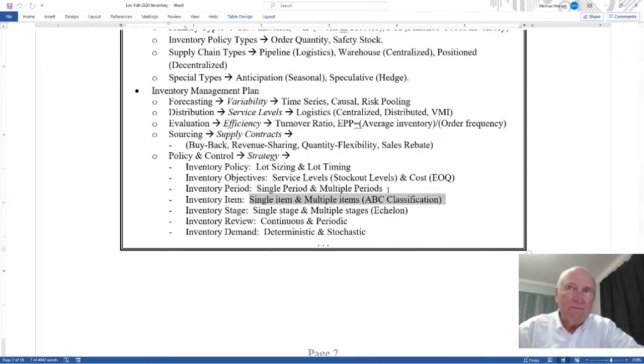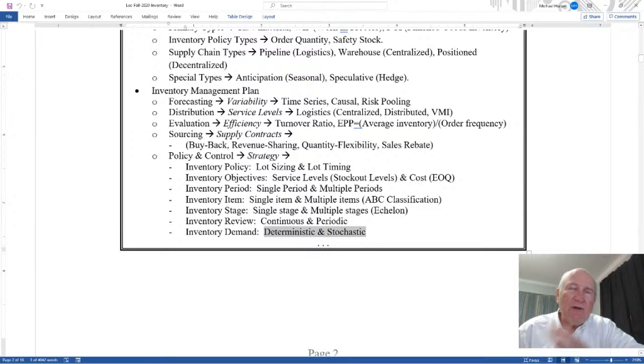A lot of people use it. It's not that hard, but I'll enhance it somewhat. Single stage, multiple stage, echelon. The single stage is just to get the definitions, but with multiple stages, echelon inventory, there's where you talk about supply chains. Continuous review systems and periodic, and then deterministic and stochastic demand.